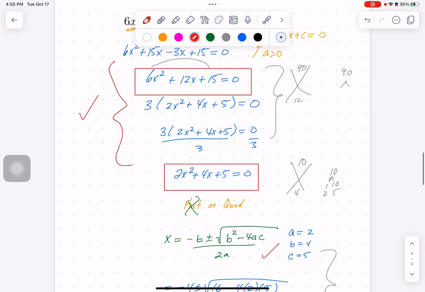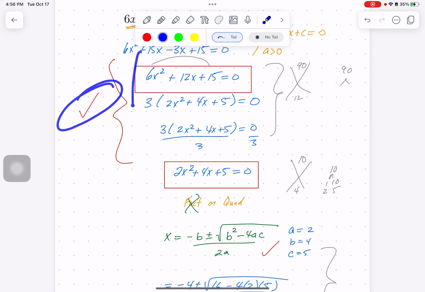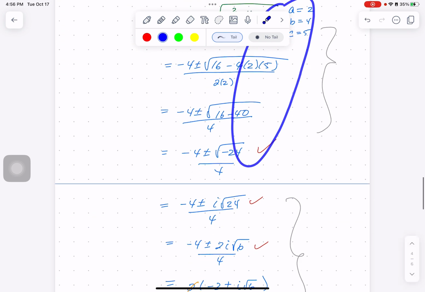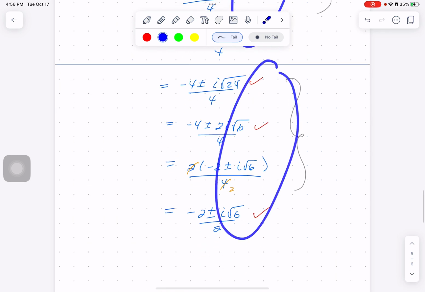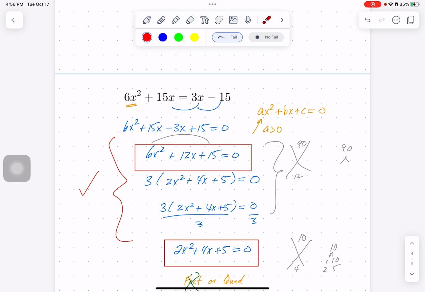Common factoring just makes everything else easier. So all of this is 1 mark, 2 marks here, that's 3, plus another 3 marks. So we're looking at 6 marks for that question.